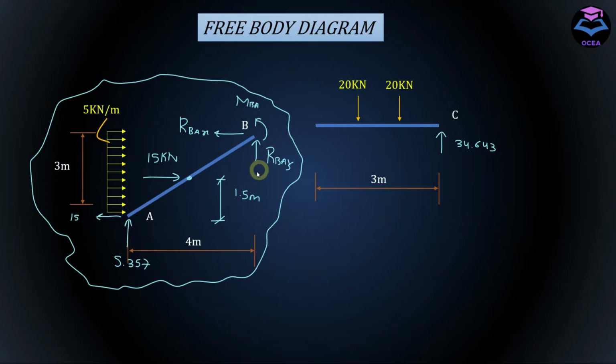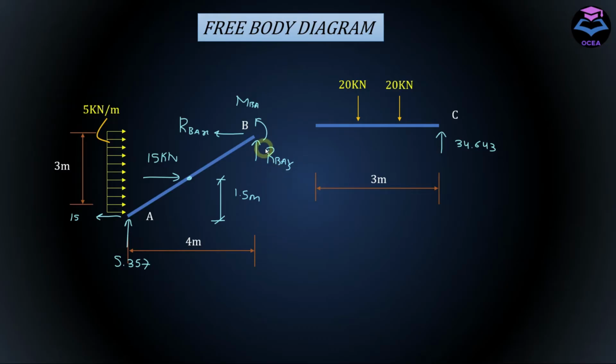And it's entirely up to you whichever direction you choose for these forces and this moment. In the start, your answer after applying conditions of equilibrium will tell you whether you have assumed the correct direction or not. If it's positive, then you assumed the right direction. If it's negative, then you need to change the direction of that force.